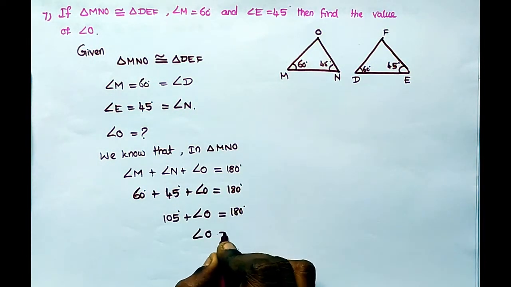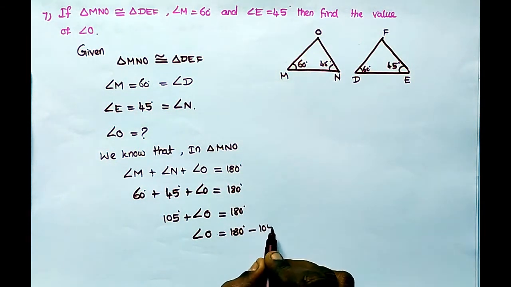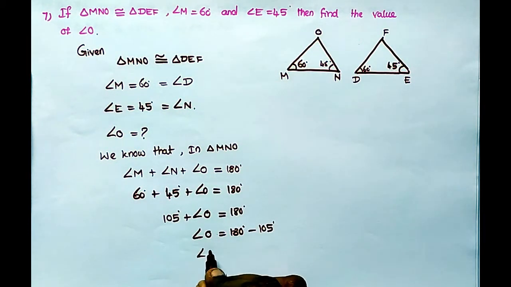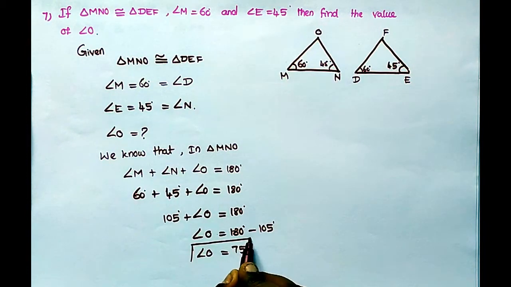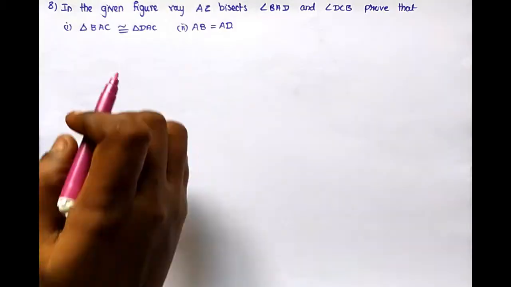From that, angle O equal to 180 degrees minus 105 degrees. So angle O equal to 75 degrees. That is the answer.